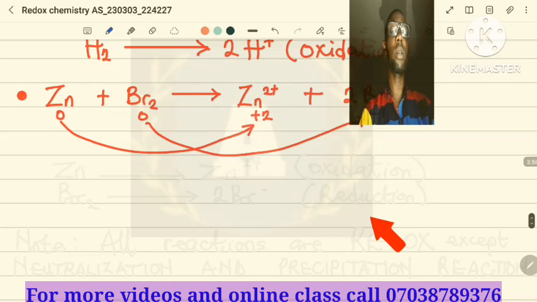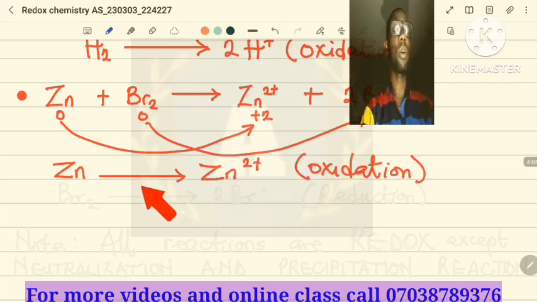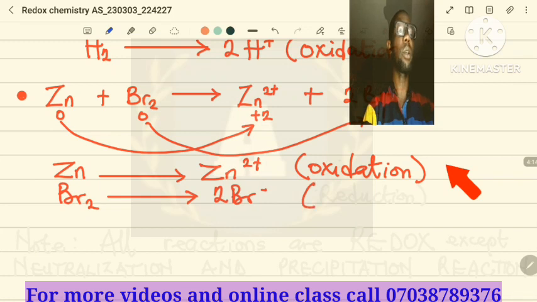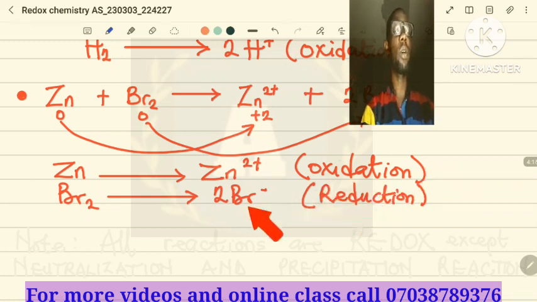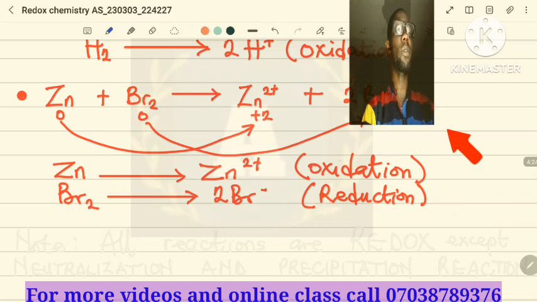So from zinc to zinc ion, what we have is oxidation because there is an increase in oxidation number. Then from bromine liquid to bromide ion, that is reduction, from 0 to -1. So those are the definitions of oxidation and reduction in terms of oxidation number.